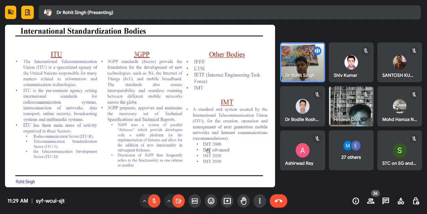Again, in 2020, IMT 2020 confines the recommendations for the fifth generation communication system, and the recommendations for the sixth generation have already been highlighted. So in IMT 2030, we can get the recommendations required for the sixth generation communication system.